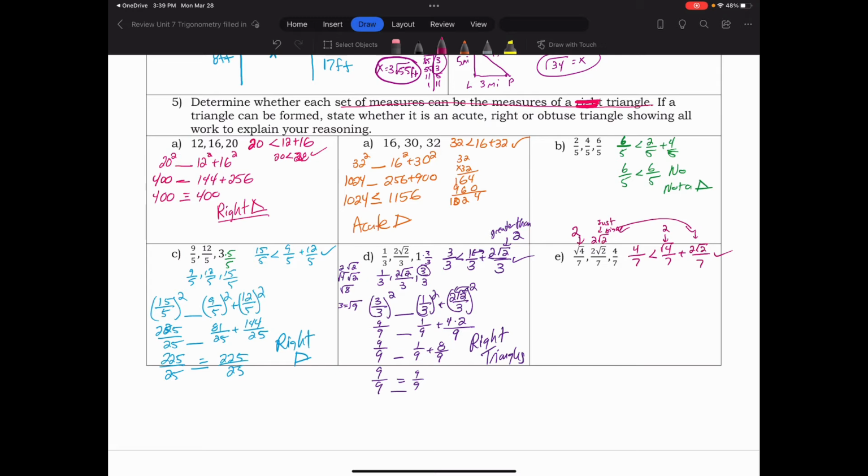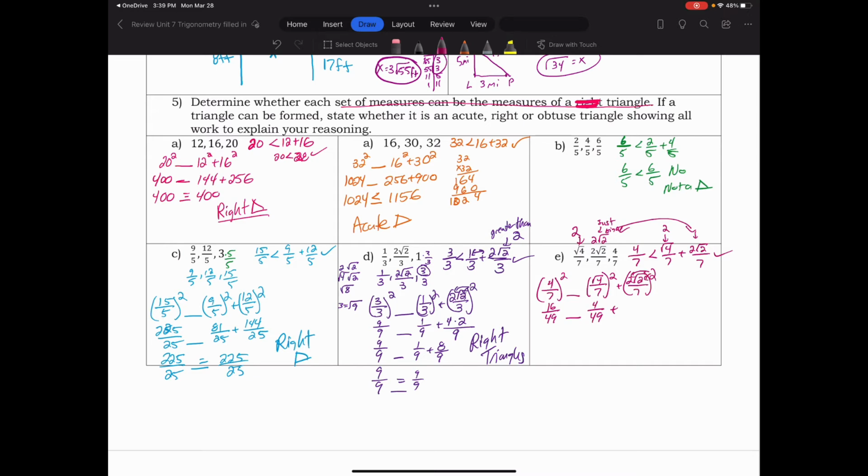So now I do my Pythagorean theorem. So it's going to be 4/7 squared is what to radical 4/7 squared plus 2 radical 2/7 squared. So that's going to be 16/49. Radical 4 squared is 4/49 plus, now I remember to square each part.